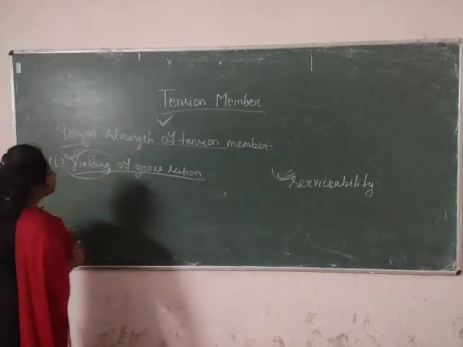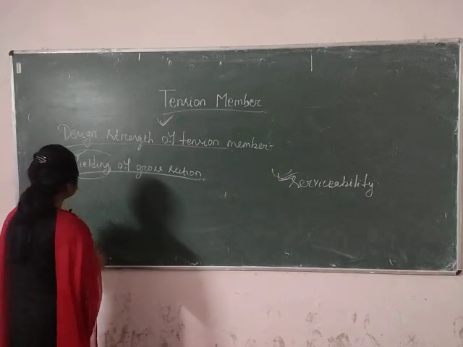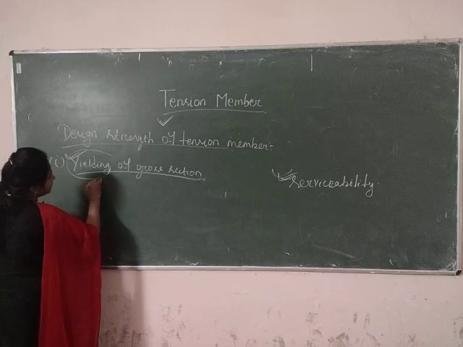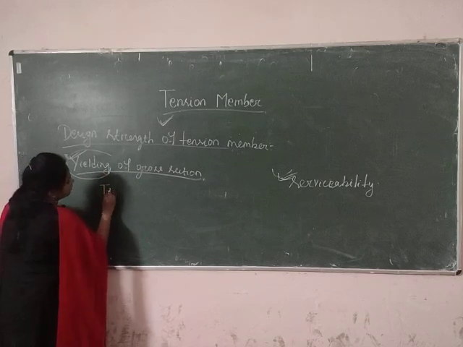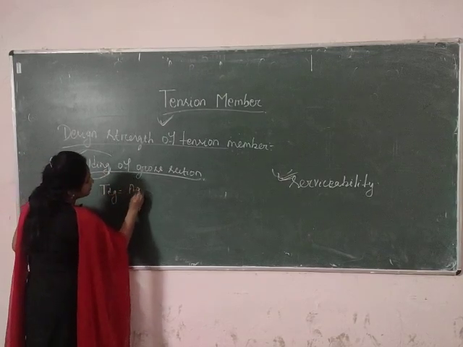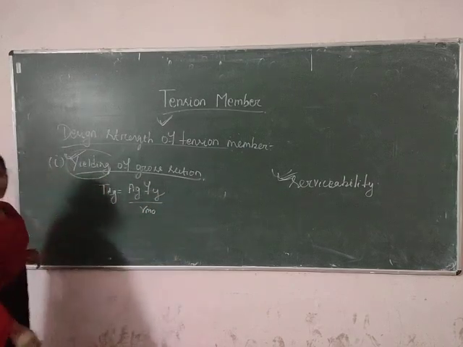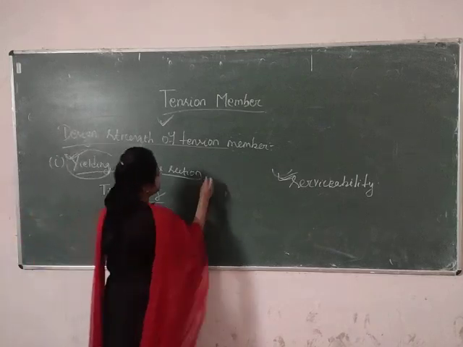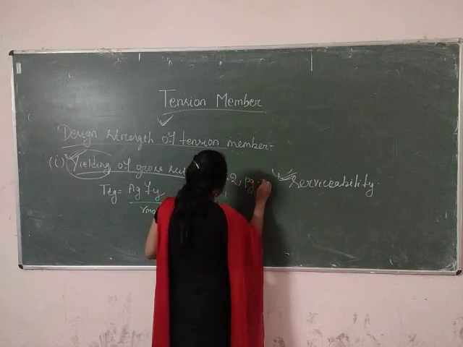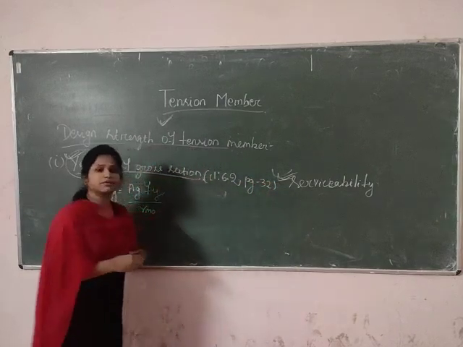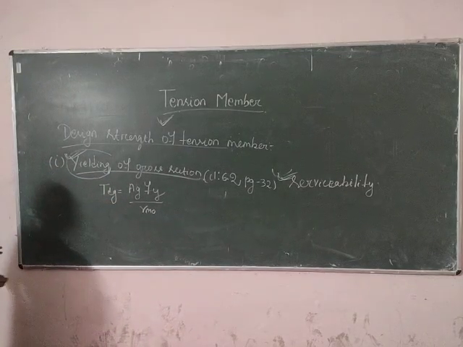The strength at which the gross section yields can be calculated by the formula you know very well, that is Tdg = Ag × fy / γm0. For this you can refer to clause number 6.2, page number 32 of IS 800:2007. Here Ag is the gross cross sectional area.